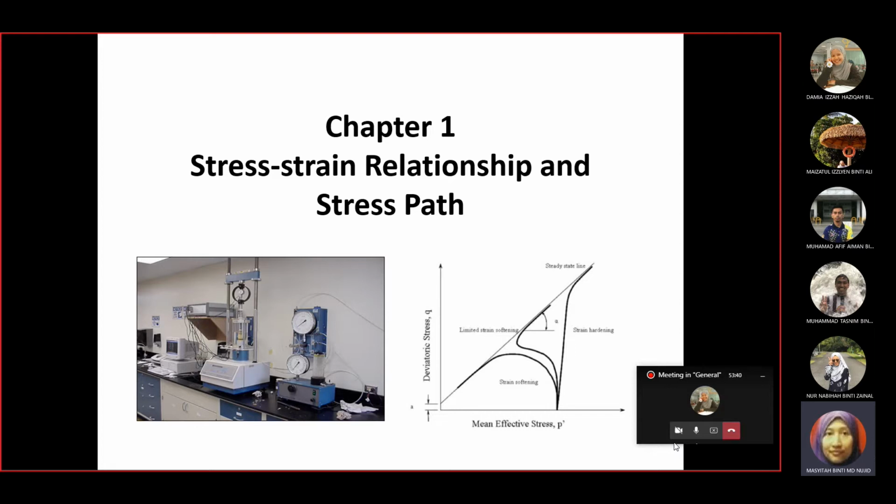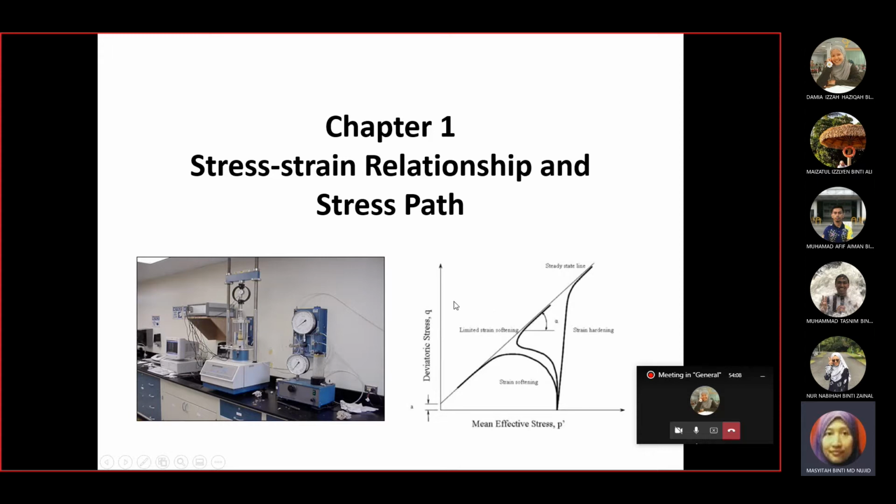So the stress-strain relationship is about, for example, here we have a normal stress. On the y-axis we have the shear stress, or we have the normal stress. In other words, the y-axis can also be presented using the deviatoric stress. So deviatoric stress q is equal to sigma 1 minus sigma 3.